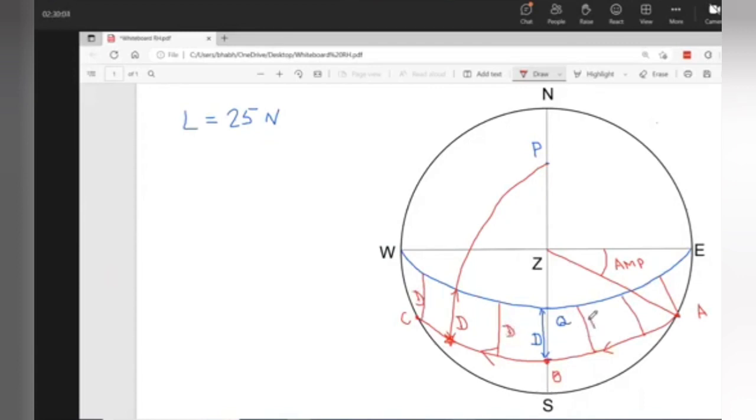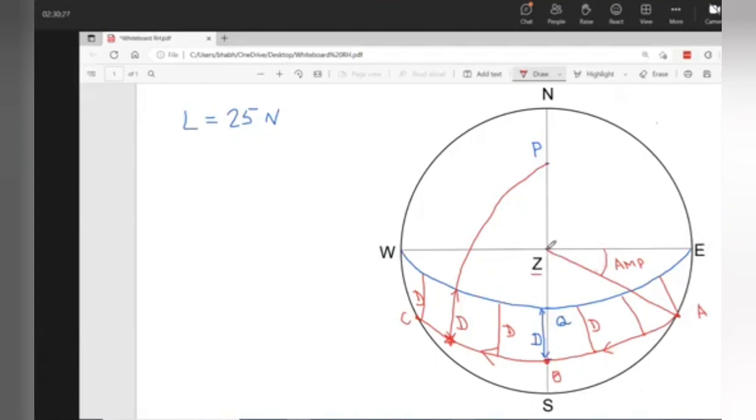What is the definition of amplitude, sir? Look at the definition of amplitude, beta. Amplitude is the angle at the zenith contained between the prime vertical circle of the observer, which is WZE, and the vertical circle passing through the body.